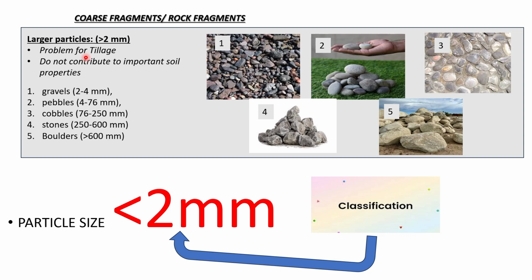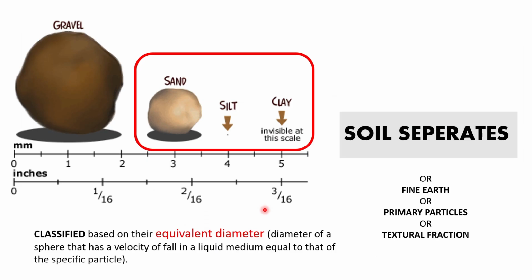So we will consider the particles less than 2 millimeter, that is small size, for soil classification, and they will contribute to important soil properties. These particles are known as soil separates or fine earth or primary particles or textural fraction. They have a diameter less than 2 millimeter.